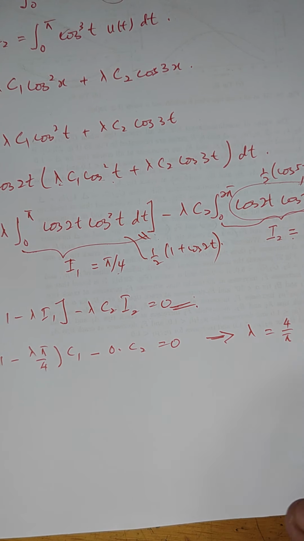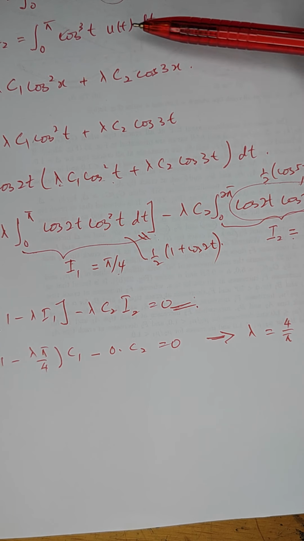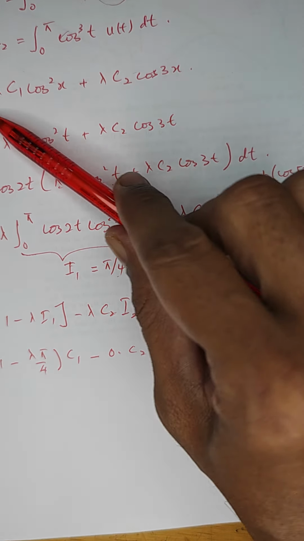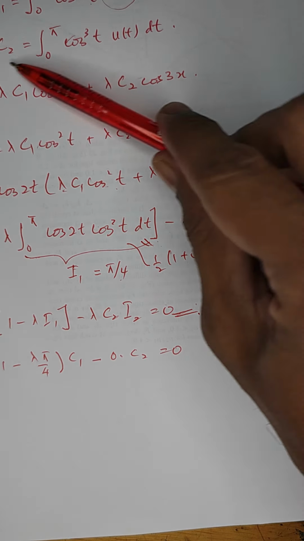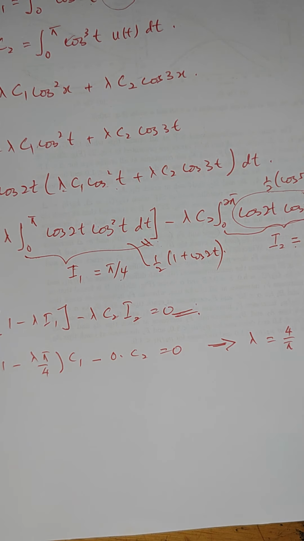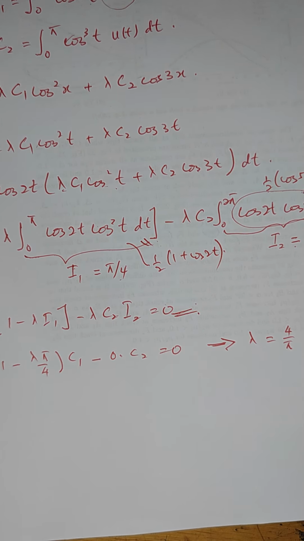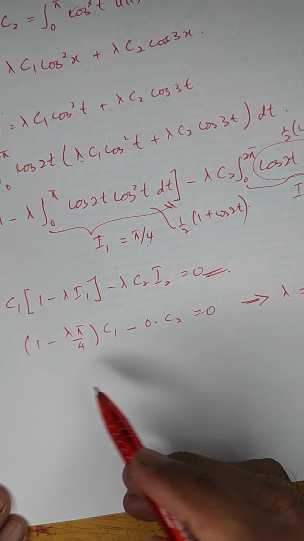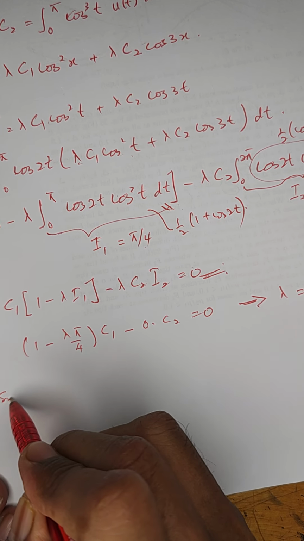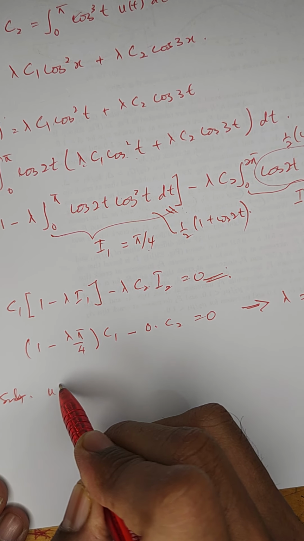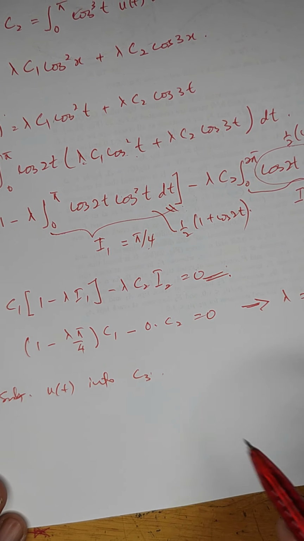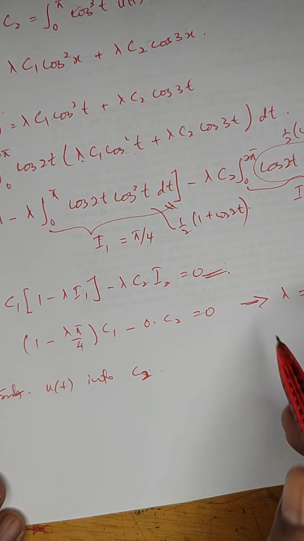Now you can do the same. Now we apply C2. You apply C2 with the U that we obtained earlier, and just proceed the same. Let me write this: substitute UT into C2.